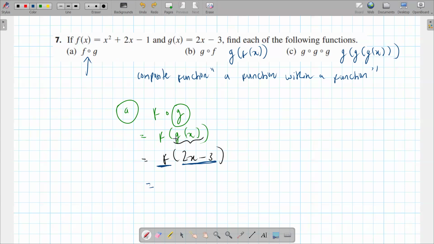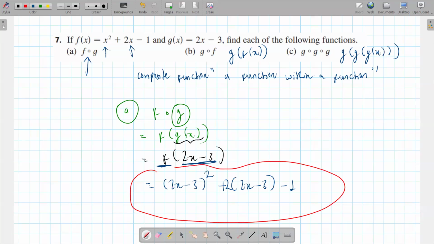So let's do it. You have an x here, you have an x here. So it'll be (2x minus 3) squared, plus 2 times (2x minus 3) minus 1. And you can open this and combine the like terms if you want, but for the sake of time, I'm gonna leave it here. And that's the answer to the question.